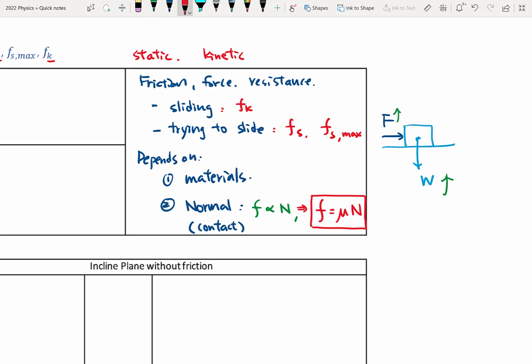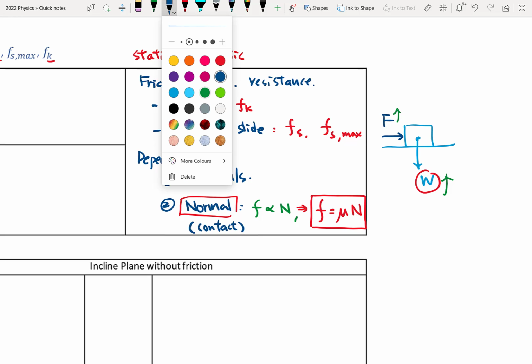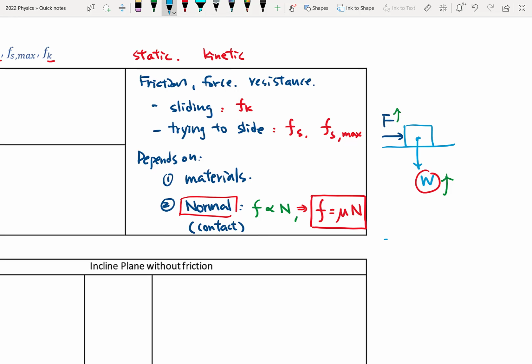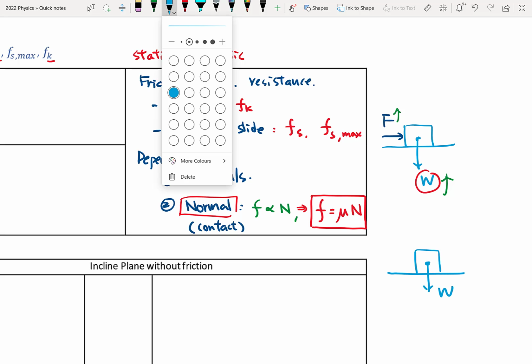The reason we use the normal force rather than weight is, as you remember from previous lessons, the weight is constant, but the normal force depends on how you push the object.